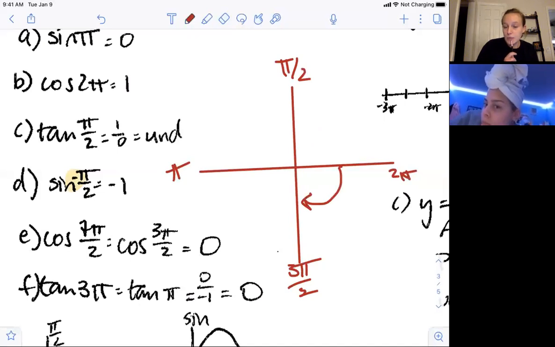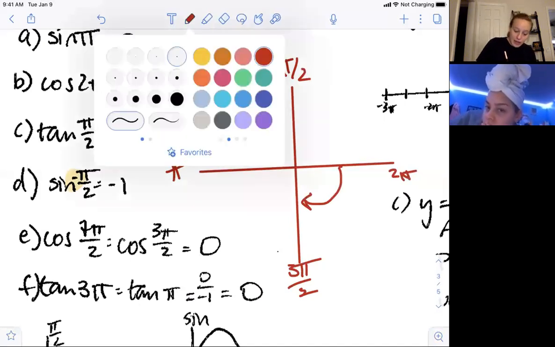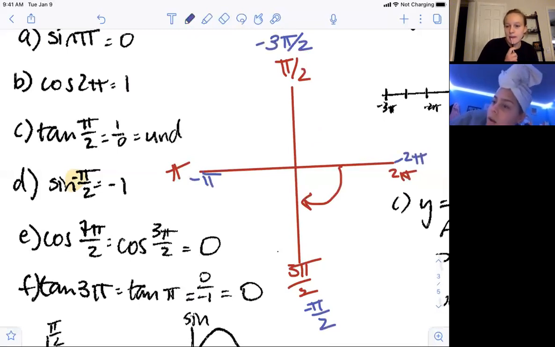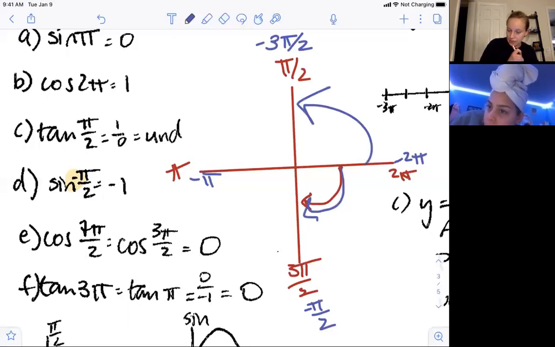Okay. So when I go the negative direction, this becomes negative pi over 2. It makes this negative pi, which is nice because that's exactly what it is in the positive direction. It makes my 3 pi over 2 be negative 3 pi over 2, and then we come back to negative 2 pi. Is it just because you're going over 3 halves? It's because we're going down in this direction as opposed to coming up in the positive direction.